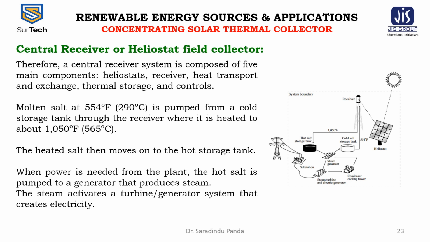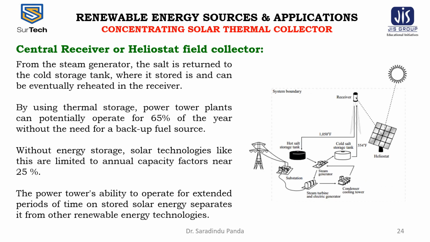The steam activates a turbine generator system that creates electricity. From the steam generator, the salt is returned to the cold storage tank, where it is stored and can eventually be reheated in the receiver. By using thermal storage, the tower plants can potentially operate for 65% of the year without the need for a backup fuel source.